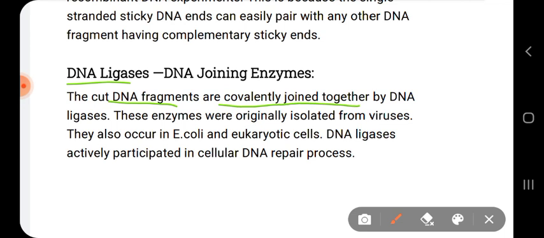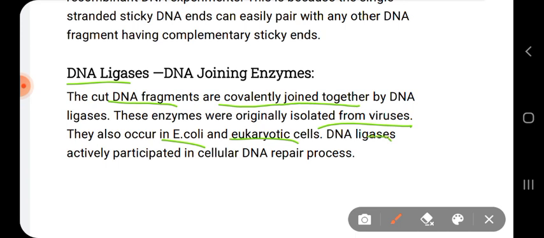And this enzyme was originally isolated from the virus. Now, in recombinant DNA experiments, the ligase enzymes that were used were previously isolated from virus. Now, this ligase also occurs in E. coli. This ligase also occurs in the eukaryotic cells, we know nowadays.